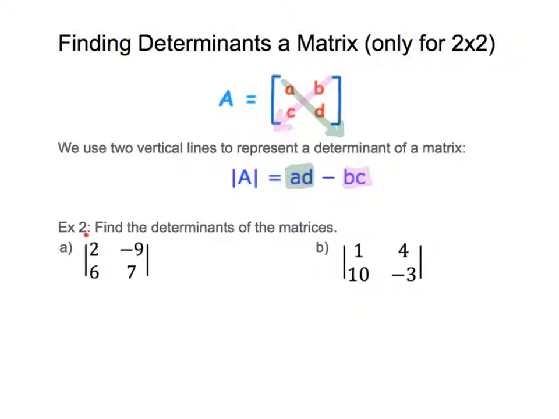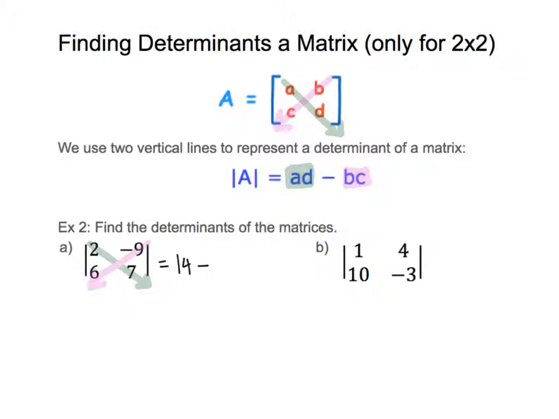See this problem? There's straight lines here, so it's asking me to find the determinant of this matrix. So if I were to do that, let's set this up. This would be multiplying the 2 with the 7, because you always want to multiply diagonally down right first. So 2 times 7 gives me 14, minus the negative 9 times 6.